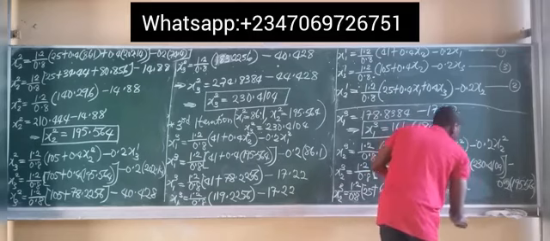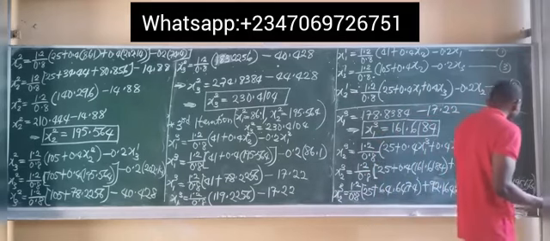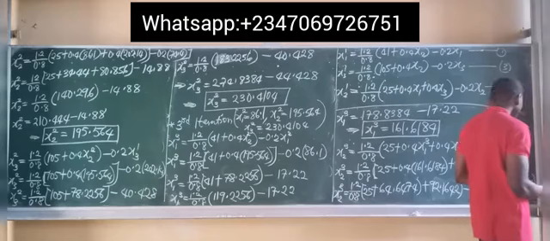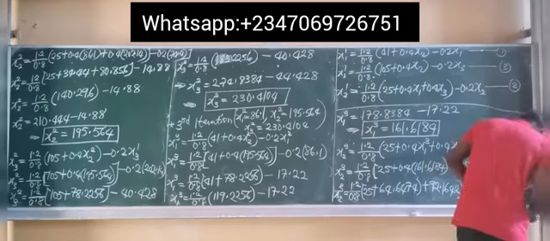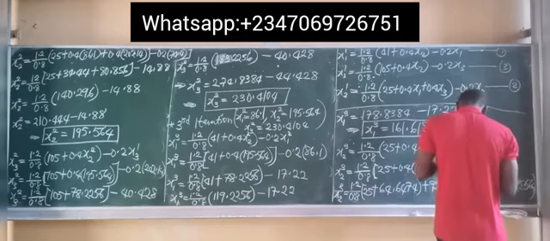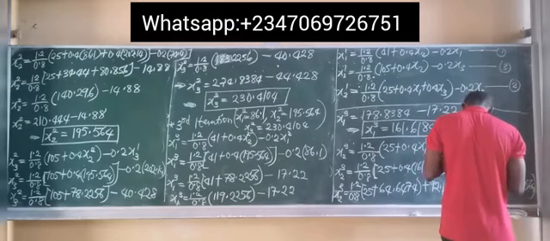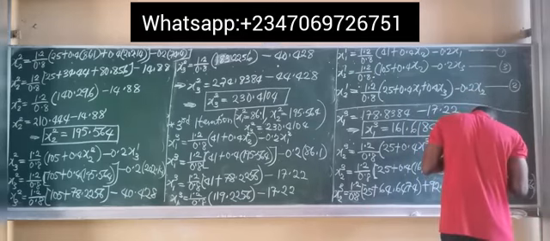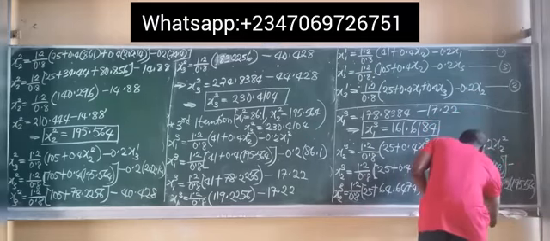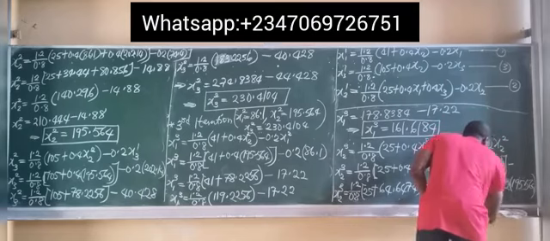All right, so minus, now we evaluate 0.2 multiplied by 195.5565. That gives us 39.113.